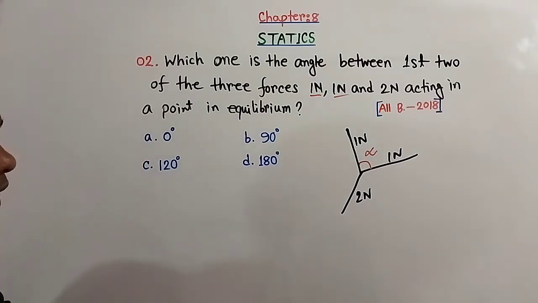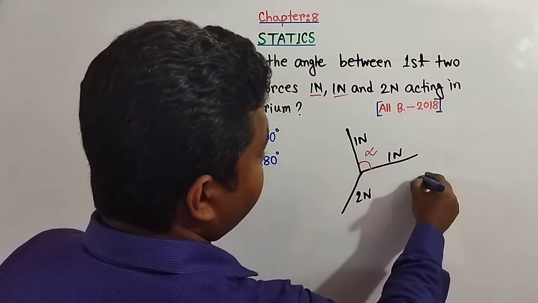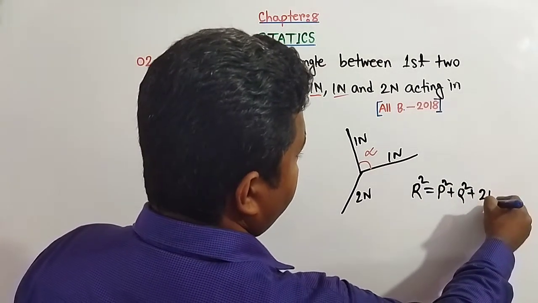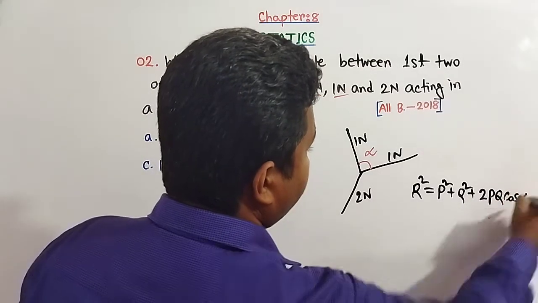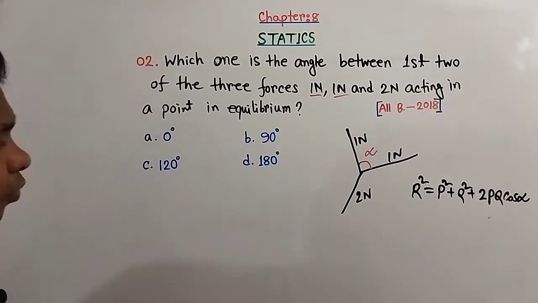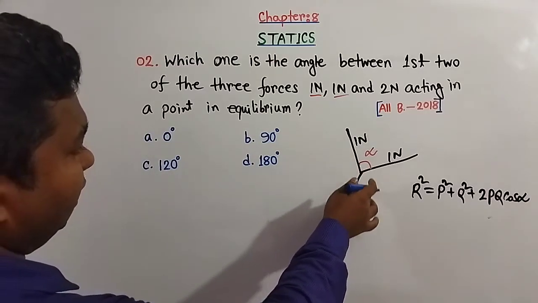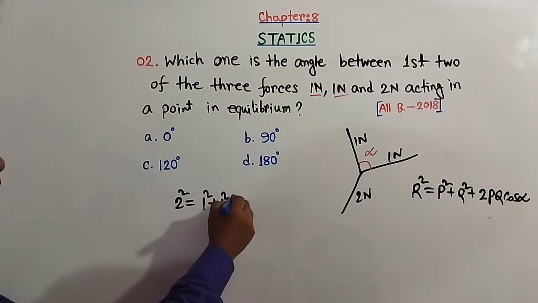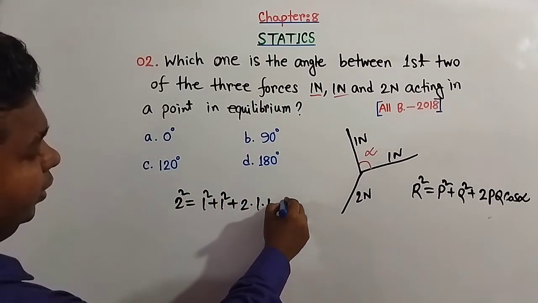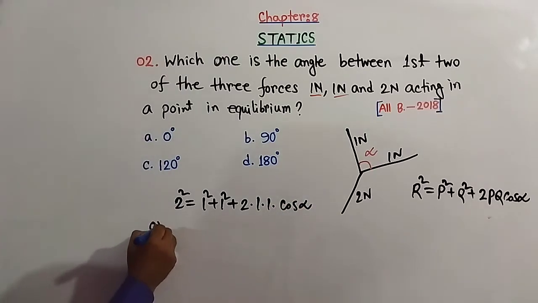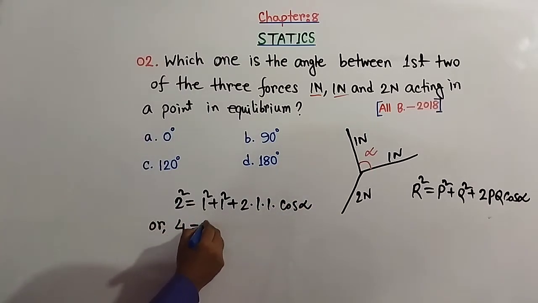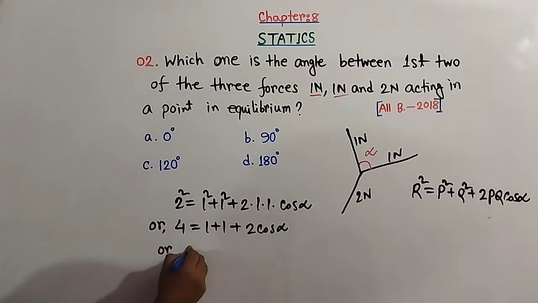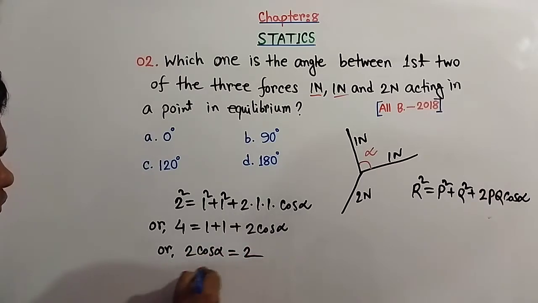So, here we have to apply the formula R square equal to P square plus Q square plus 2PQ cos alpha. By applying this formula, the resultant force is equal to 2 Newton. So, 2 square equal to 1 square plus 1 square plus 2 into 1 into cos alpha, or 2 square equal to 4 equal to 1 plus 1 plus 2 cos alpha, or 2 cos alpha equal to 2.